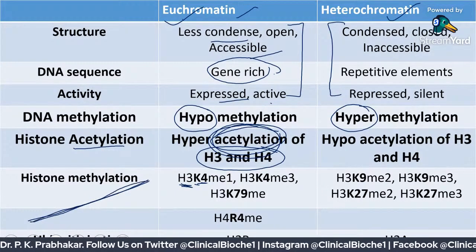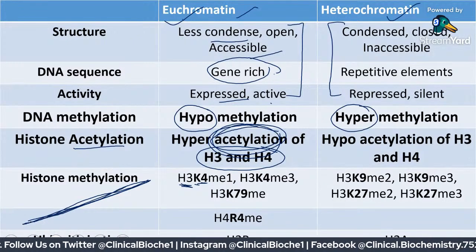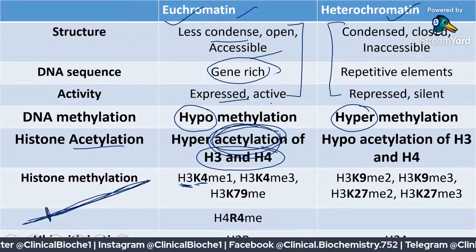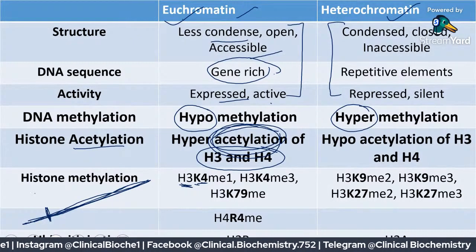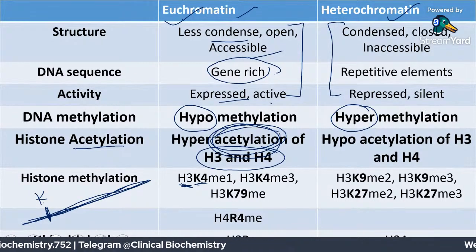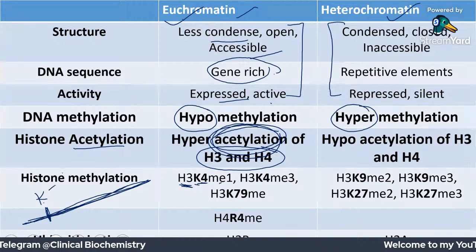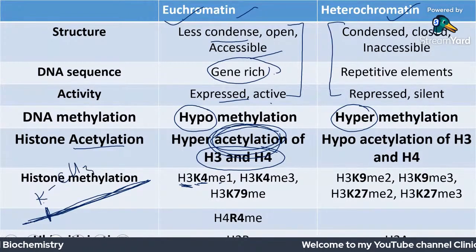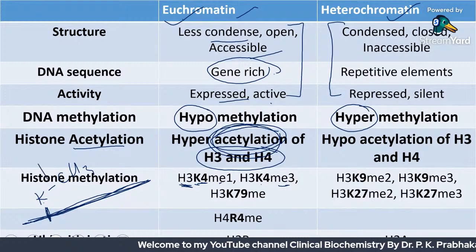This is your histone protein. On this one, at the fourth position, we have K, meaning lysine. If this fourth position lysine is one methylated, only one methyl group, or three methylated, three methyl groups will be joined on this lysine.